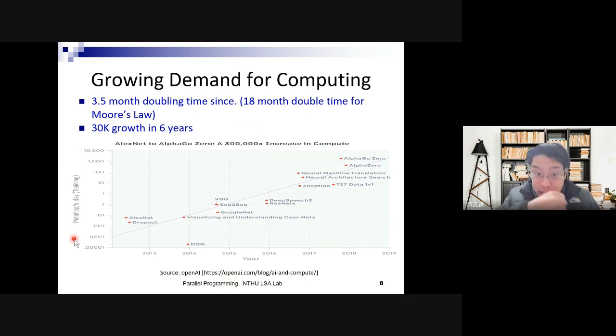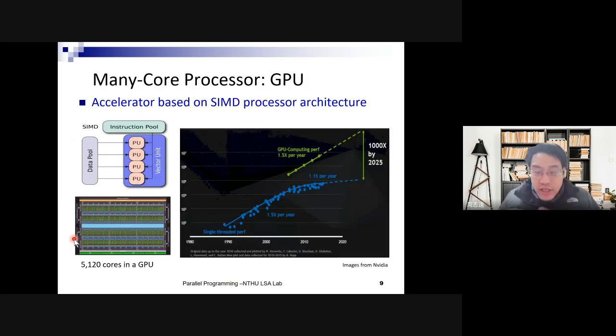Okay, so that's actually much faster than Moore's law. So that's why we say deep learning is driven by computing power in some sense, and also data. You probably need those two in order to actually get a good result from a deep learning model.